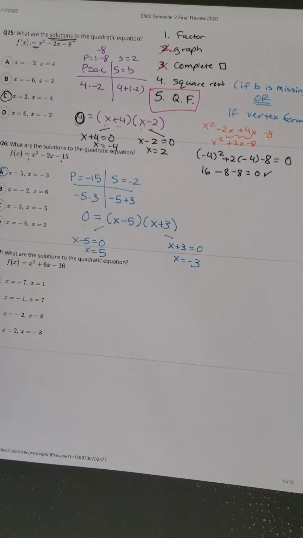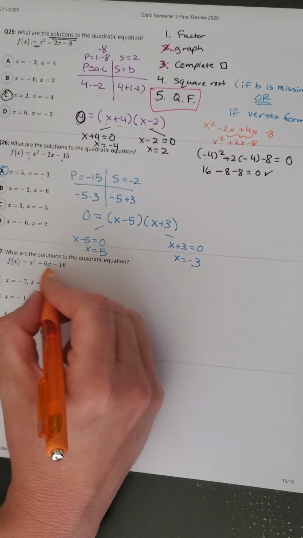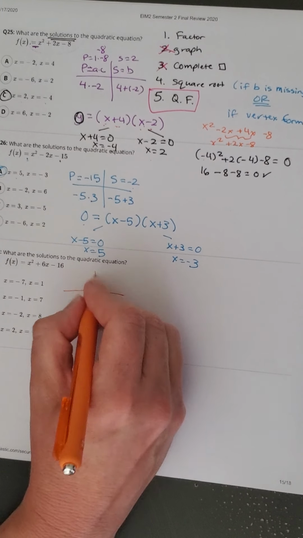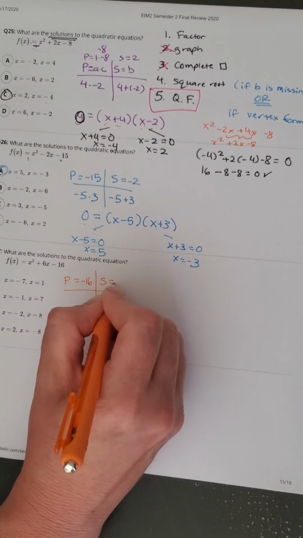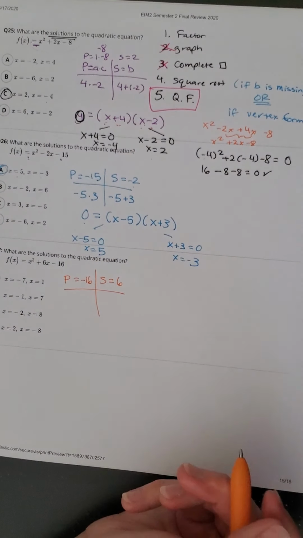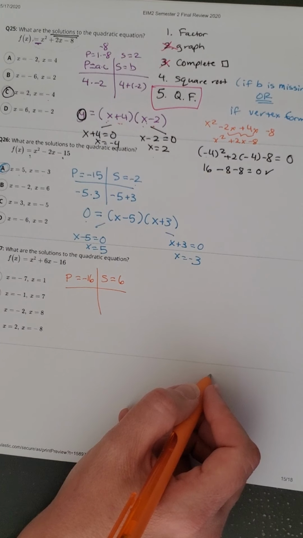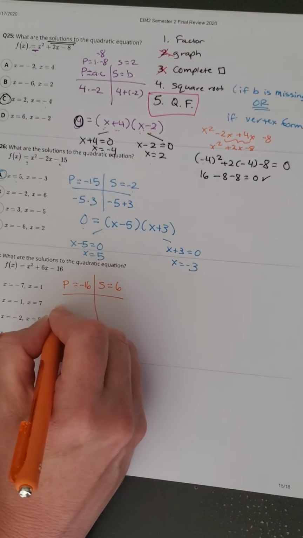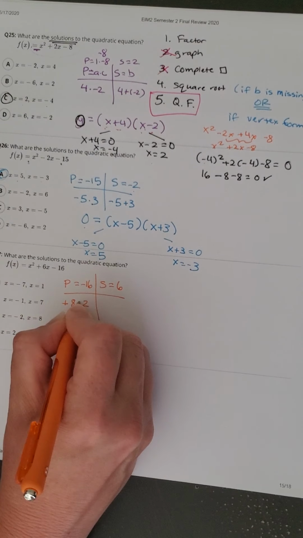All right, number 27. Same thing again. I see it's easily factorable, plus I have whole numbers here, so it must factor. I need something that multiplies to negative 16 and adds to 6. Negative 16 is positive 8 times negative 2.